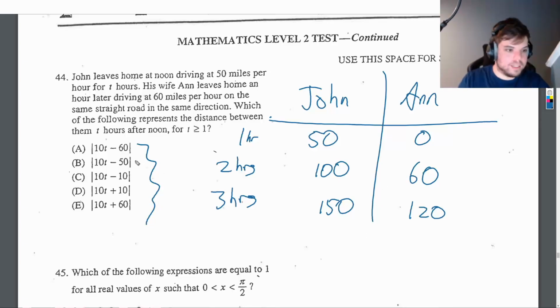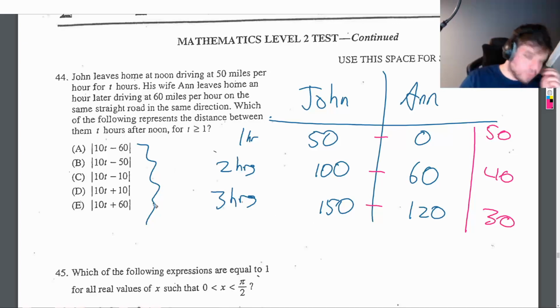Okay, so at t equals 1, the distance between them is 50. We'll indicate the distance between them as the subtraction, and we get 50, 40, 30. So at t equals 1, which one gives us 50? 10t minus 60, absolute value. This one does.